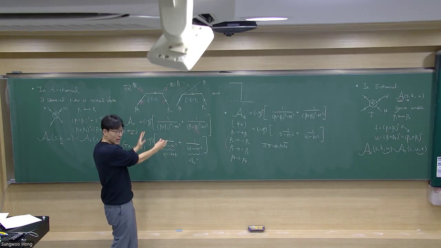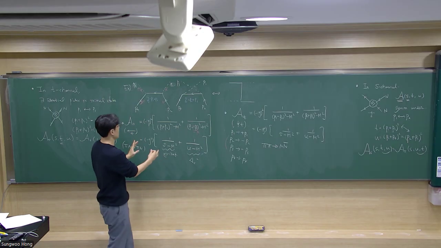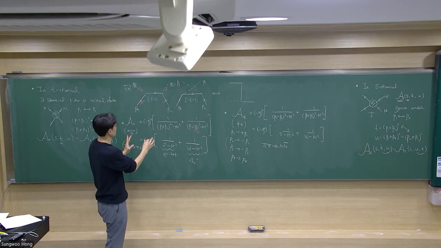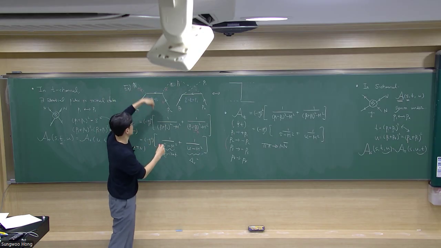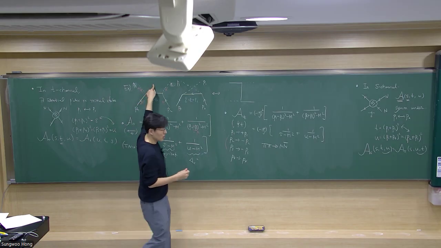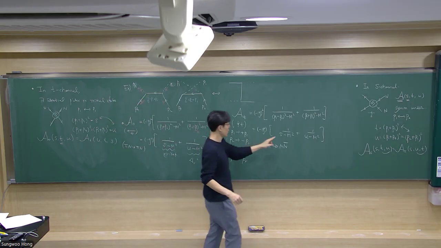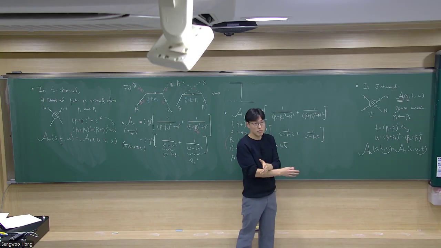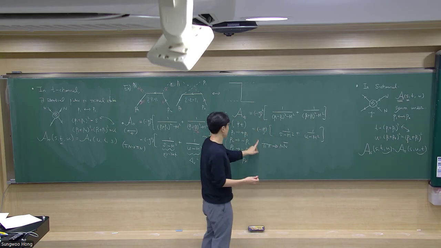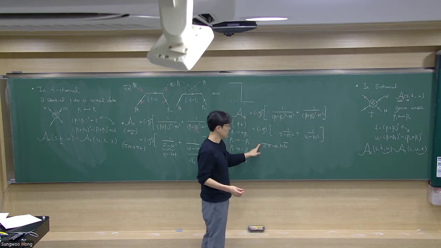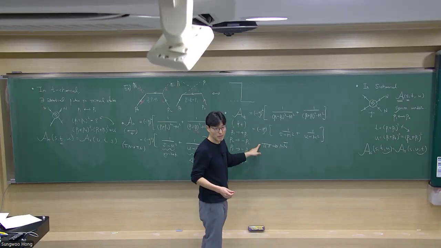Same function, on the other hand, if I go to the region where T plays the role of total energy, then all of a sudden S and U will play the role of momentum transfer. And that gives me the amplitude for this different process. Okay?